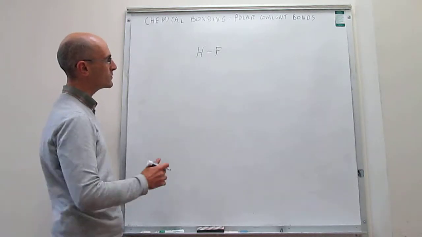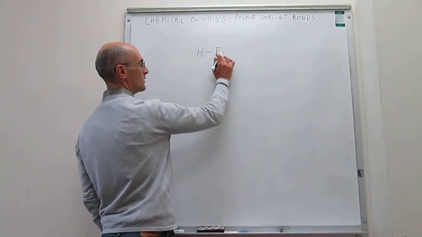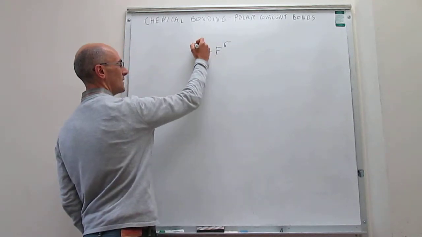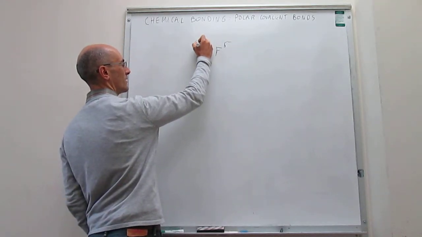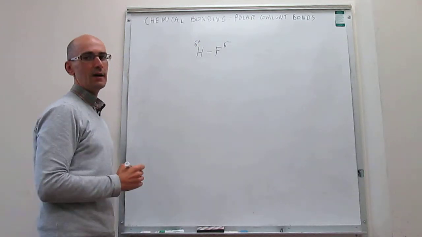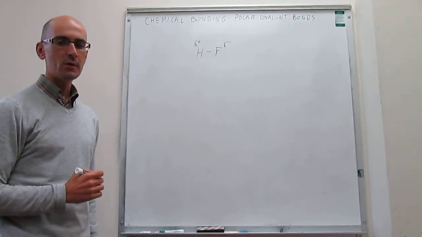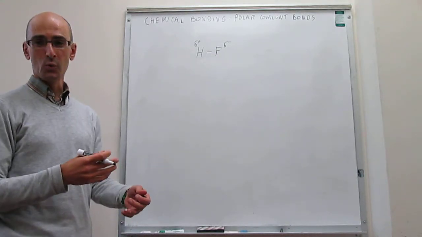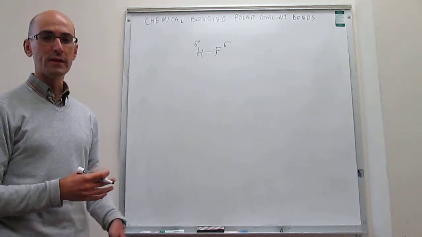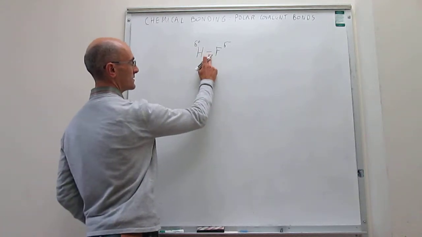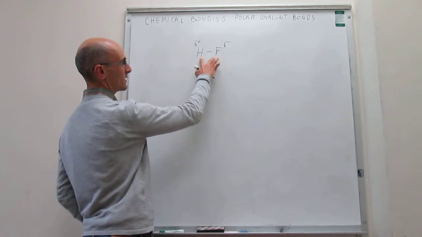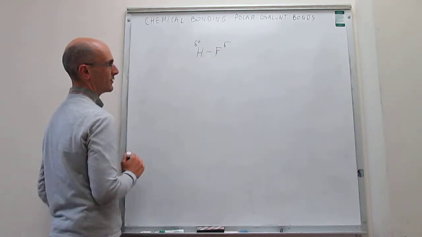What we actually know is that the end of the molecule where the fluorine atom is has a partial negative charge, and the end of the molecule where the hydrogen atom is has a partial positive charge. So the reason that you have that separation of charge, which is partial but not fully ionic, is that the two electrons that are being shared by these two atoms are differently attracted by the fluorine and the hydrogen atom.